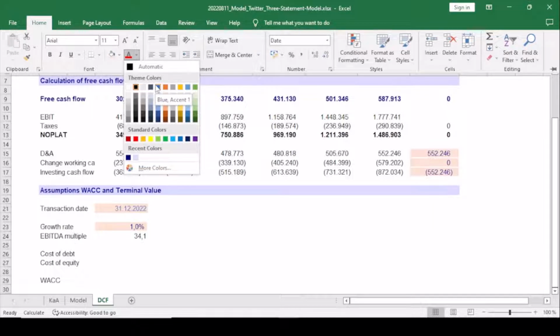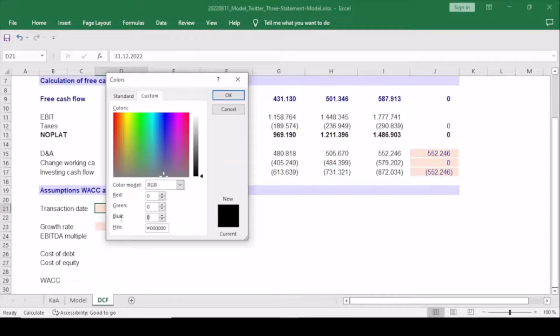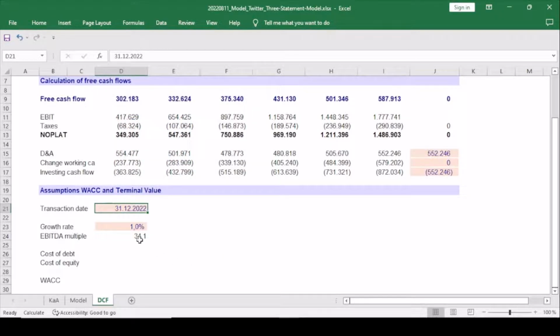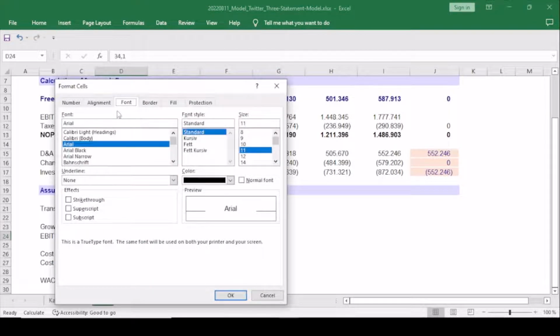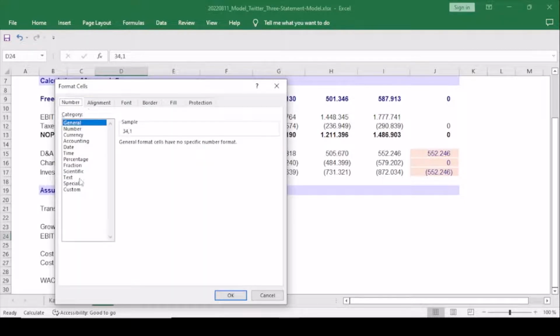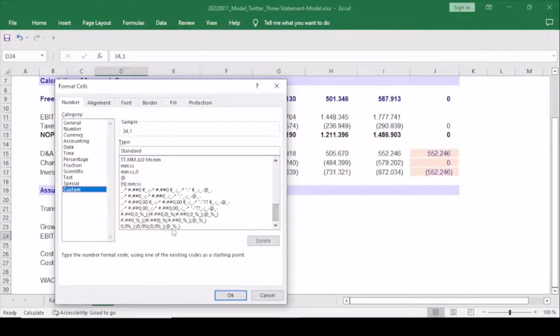You just have to check out the correct font color, and just the format of our multiple.